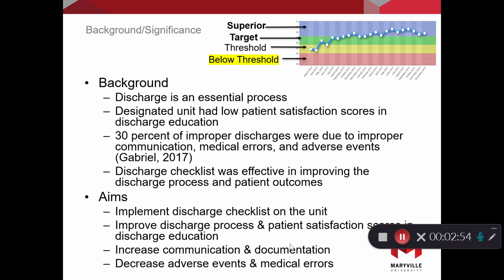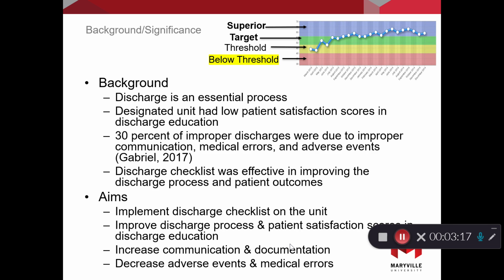But even with these incorrect discharges, there's statistics backing this up. It's found that 30% of these improper discharges were due to improper communication, medical errors, and adverse events. And as a result of these improper discharges, it costs Medicare about $17 billion annually.